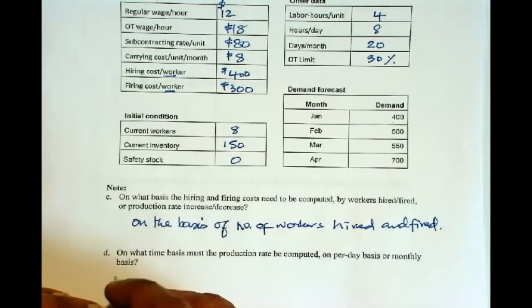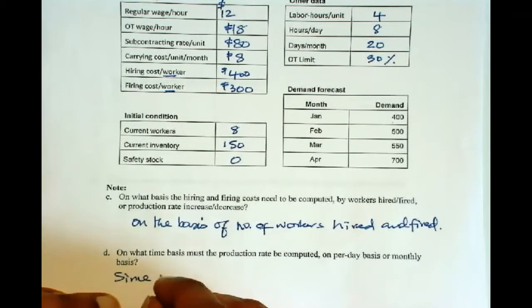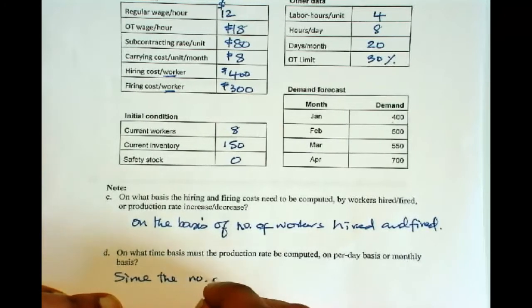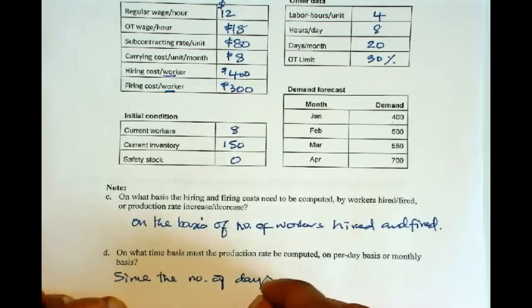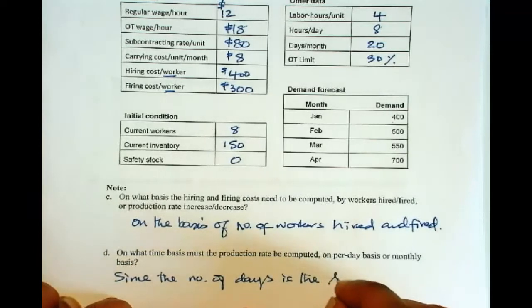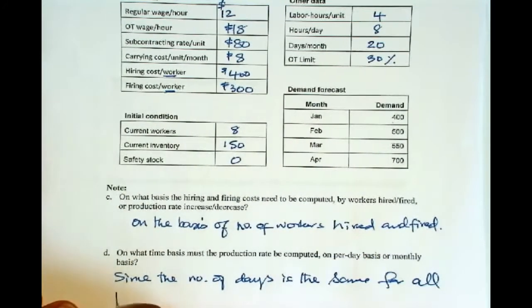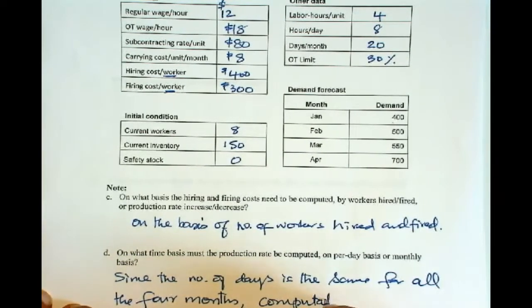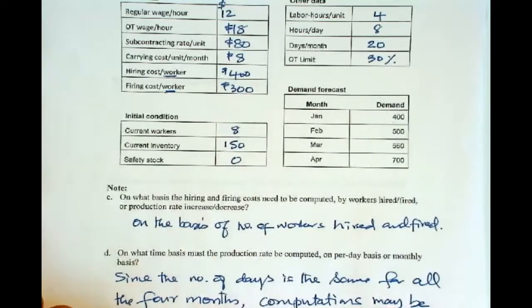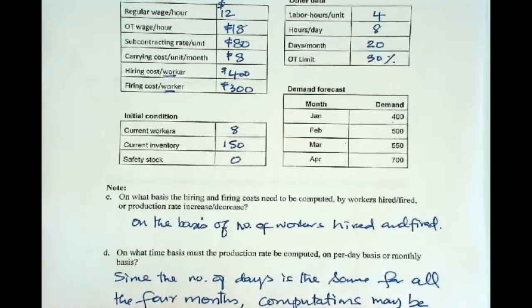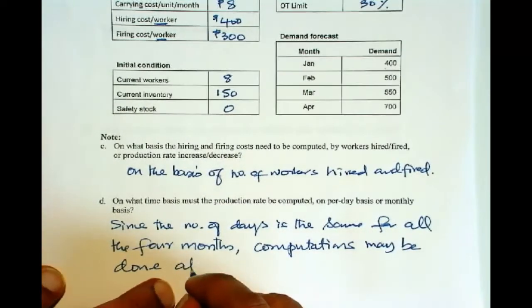So since the number of days is the same for all the 4 months, computations may be done at the month level.